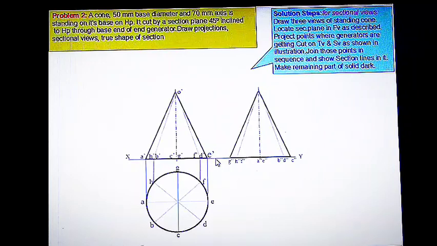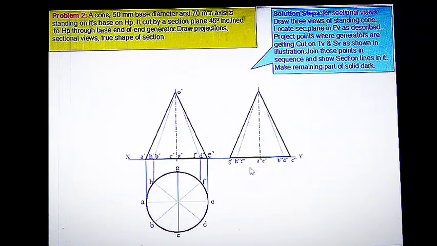So when we are drawing this side view, that is a 45-degree inclined line, and projecting this point to that line and projecting upward, we can see G dash will be this point, and at the right end we get C double dash. Likewise, we are naming the points as we discussed while solving the problems in projection of solids.